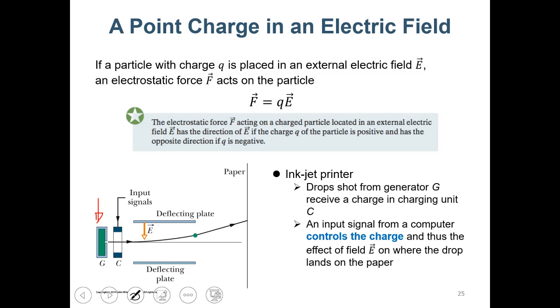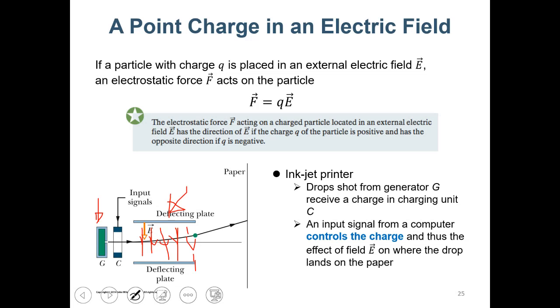How it generates the field here is to assume that these are infinitely large charge plates, so that the E field between these two plates is assumed to be uniform. So it tries to control the charge added to the ink.